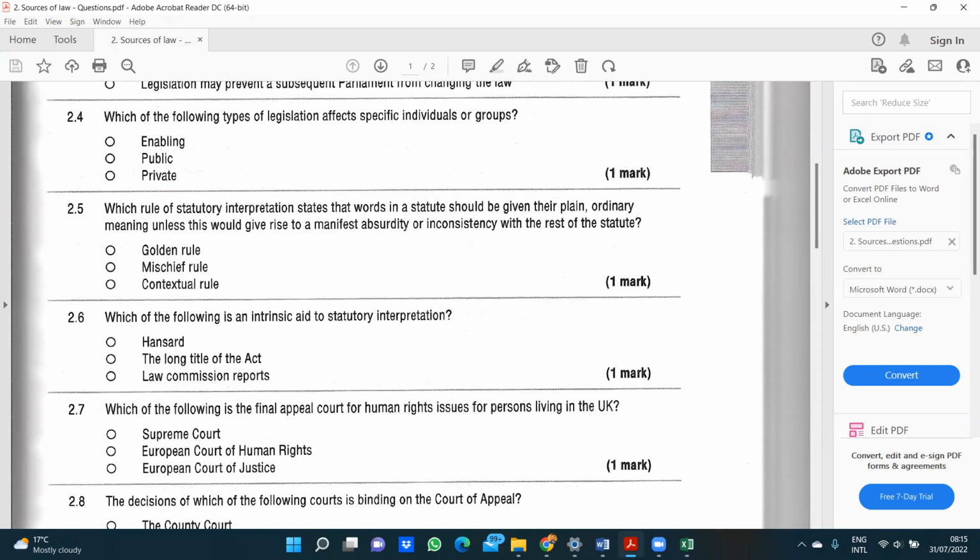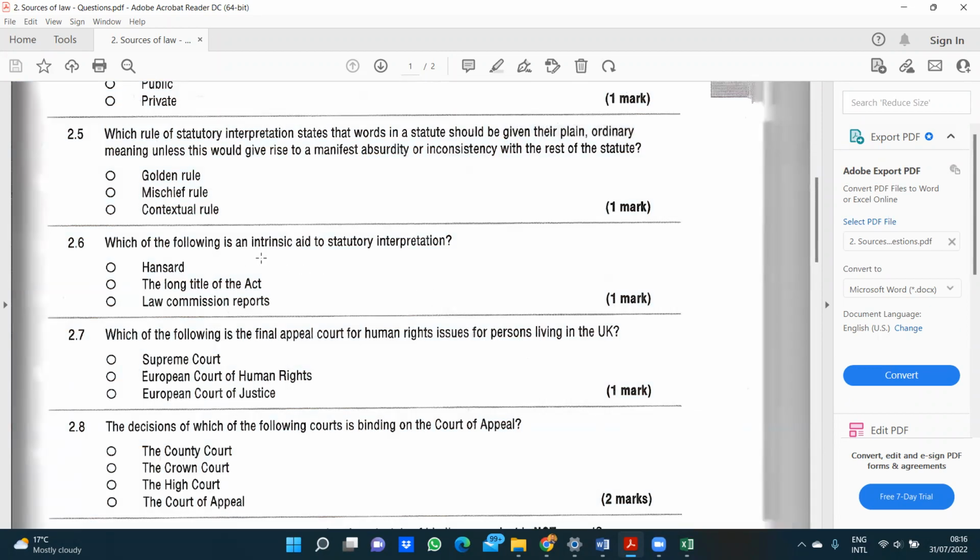The contextual rule is based on the context. The mischief rule is that the judge should consider what mischief the act was enacted to prevent. But with the golden rule, a word may have several significations, and they select the one which doesn't give absurdity or inconsistent meaning.